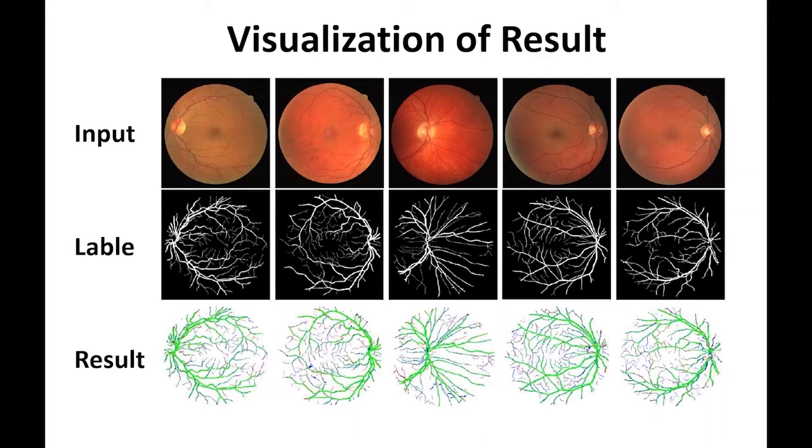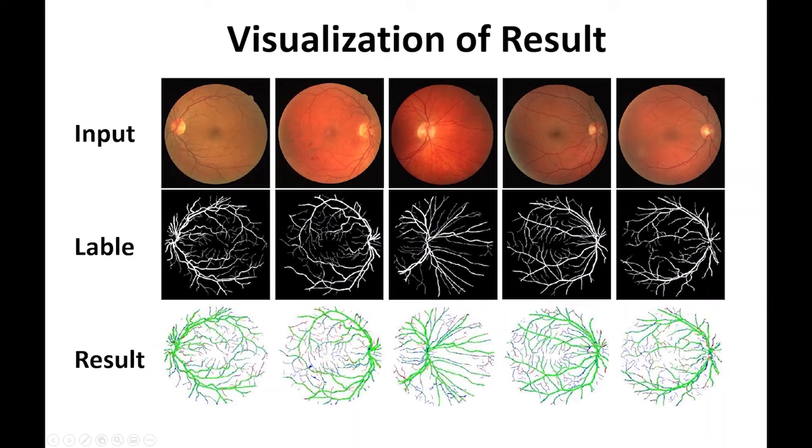And this is the visualization of the results of our model. Line 1 is the input. Line 2 is the label. Line 3 is the visualization of our result. As you can see in line 3, the green blood vessels represent the correctly predicted blood vessels, and the red vessels mean the real blood vessels that weren't predicted.